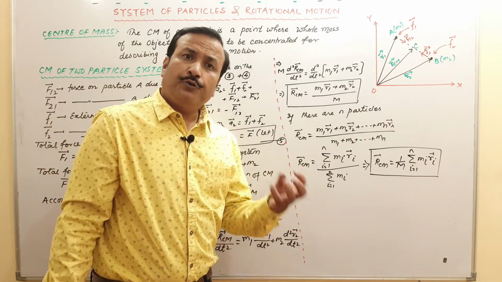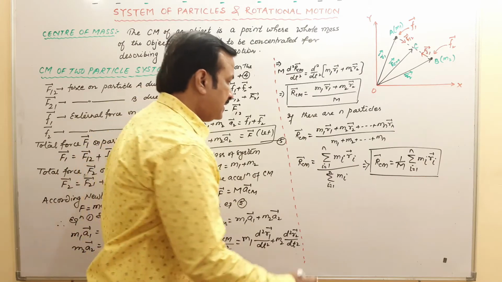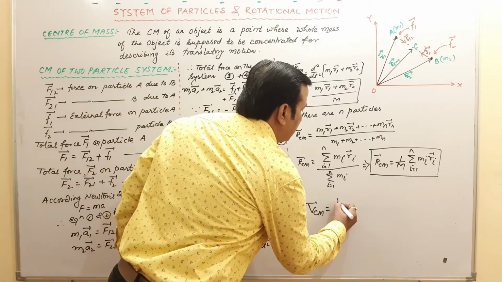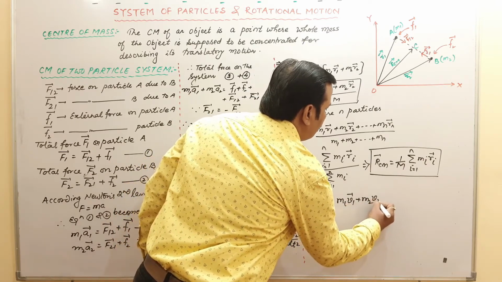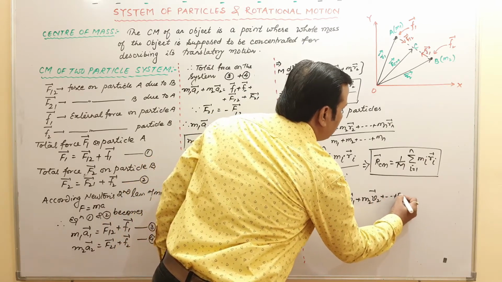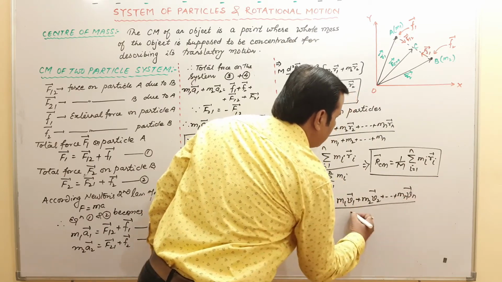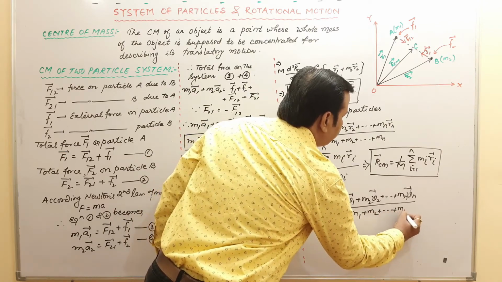If we want to write the velocity of center of mass, we can write it as m1 v1 plus m2 v2 plus up to mn vn. Write velocity in place of position and you will get the result.